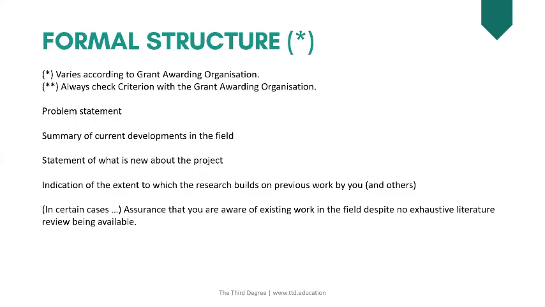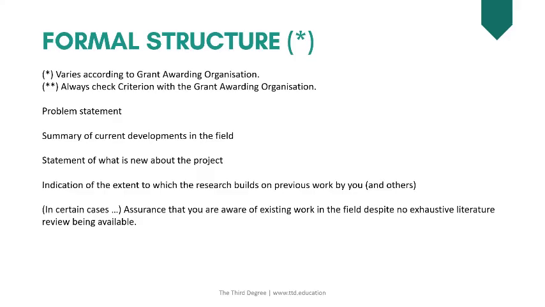Okay, there is a formal structure. Now, typically, formal structure of a grant application contains these things, but again, varies according to the awarding organization. Always check what they want. But ultimately, it will be a problem statement, a summary of current developments, a statement of what is new about your project. Okay, what are you bringing to the table? What's different for you?